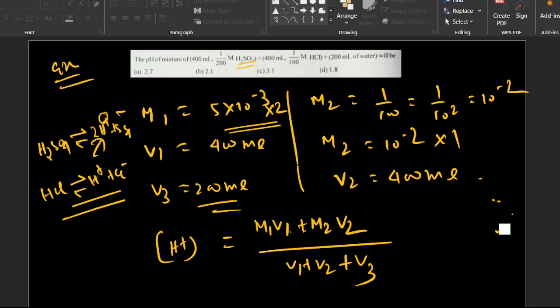Okay, so M1 V1. M1 is how much? 10 raised to minus 3, so 2 into 10 raised to minus 3 equals 10 raised to minus 2, and V1 is 400. Similarly for M2, it is 10 raised to minus 2, and V2 is 400.